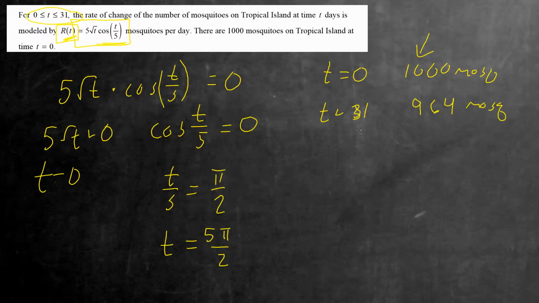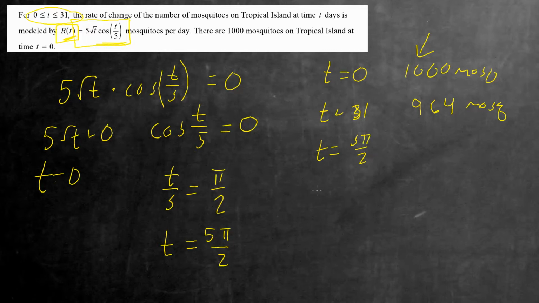Maybe we were decreasing the whole time. But I also know that it's cosine, and we talked about in the first problem, is the number of mosquitoes increasing at time 6? Yes, it was. So I know that if I'm increasing, there's got to be a maximum in there somewhere. So now we'll check for time t equals 5 pi over 2.